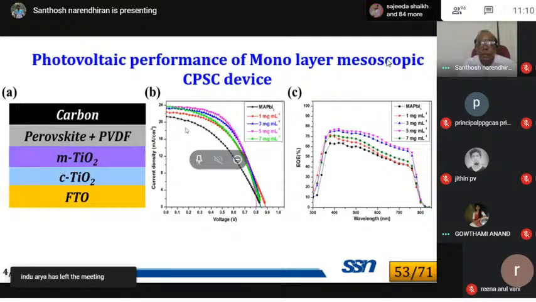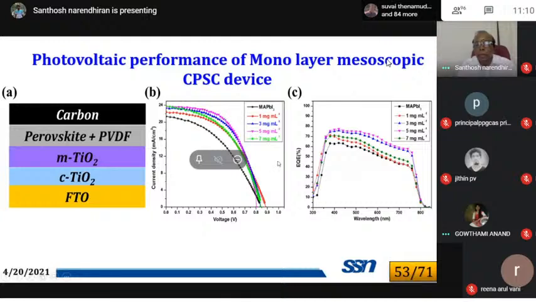The current density versus voltage curve is like this. And here, for a concentration 5 mg per ml, you get the best result. And when it comes to this curve also, you see for 5 mg, you get the best result.